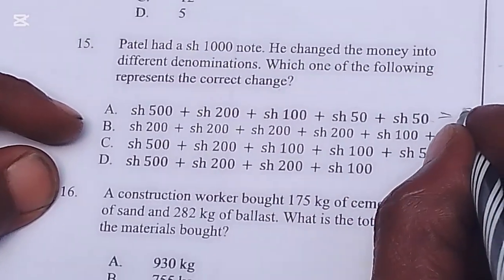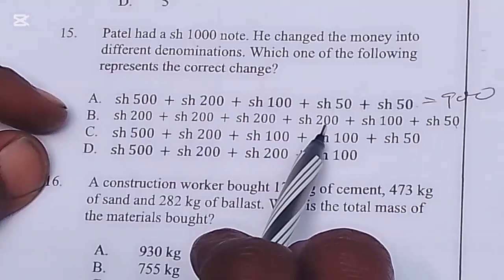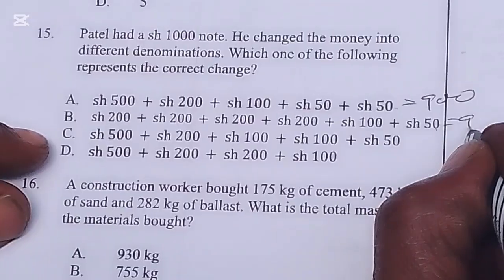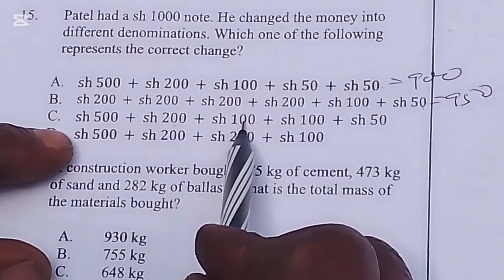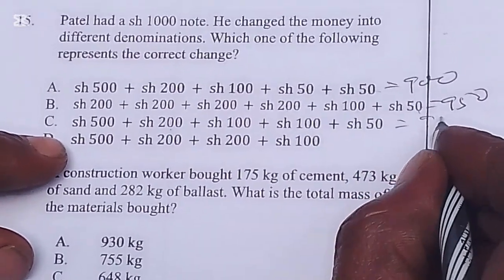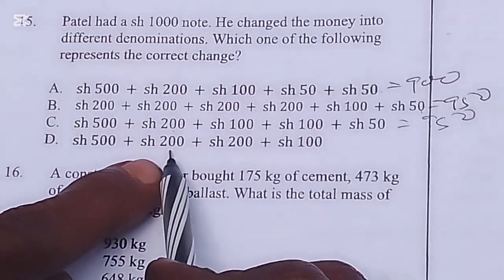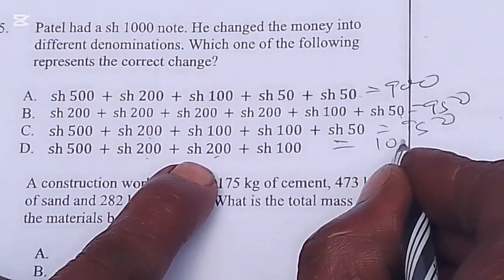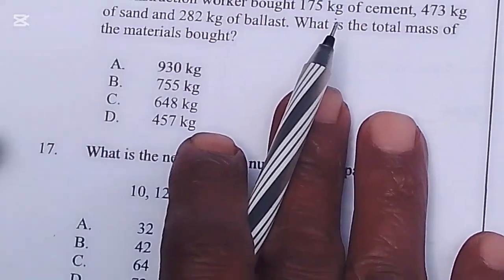This is 900. 900 plus 50, this is 950. Then we have 5 plus 2, 7 plus 3 plus 2, 9 plus 1, that is 1,000. So this was the correct change.